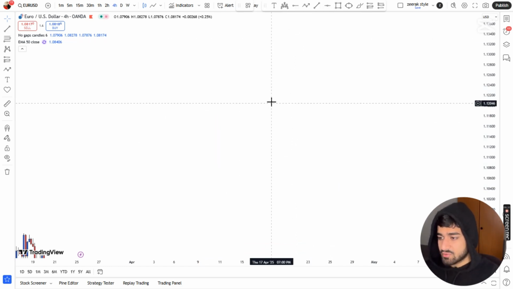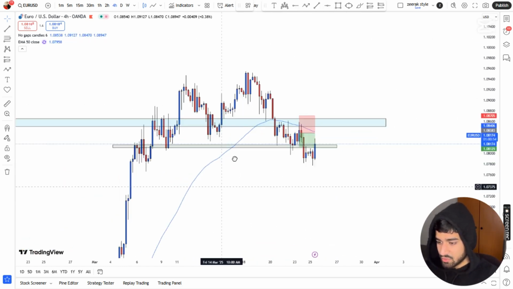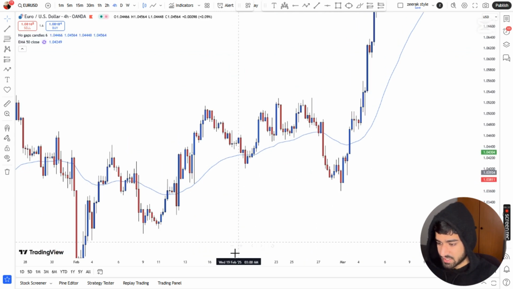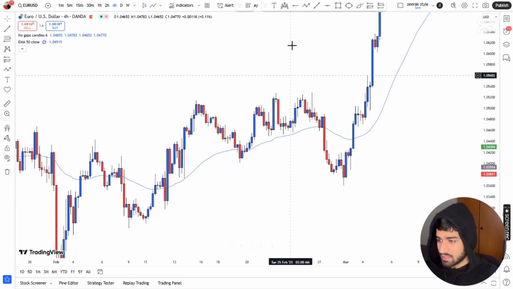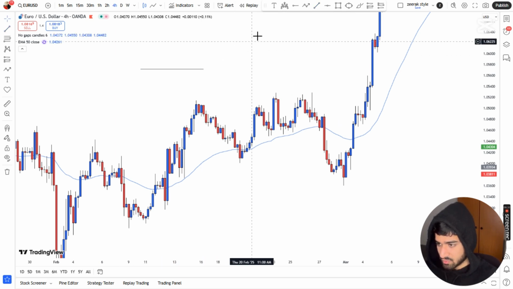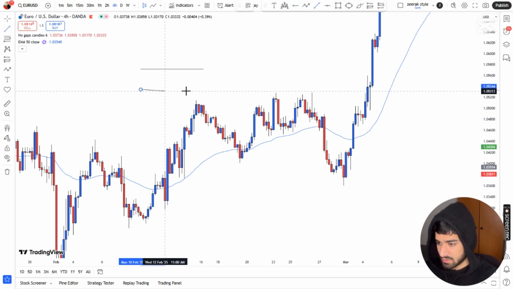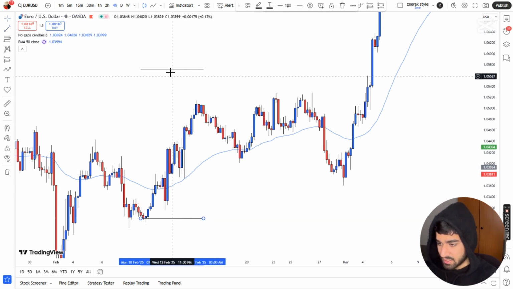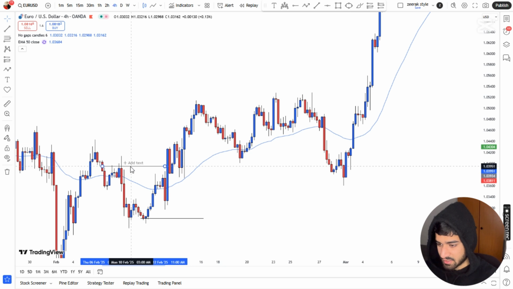So the easiest way to understand, you need to come to the candlestick chart. In here you need to take two lines, one line, and I'm gonna take a second line. So I will place this here and I will place this here.